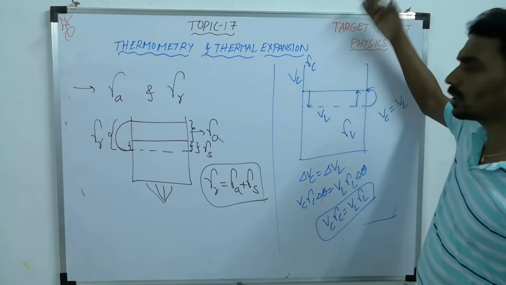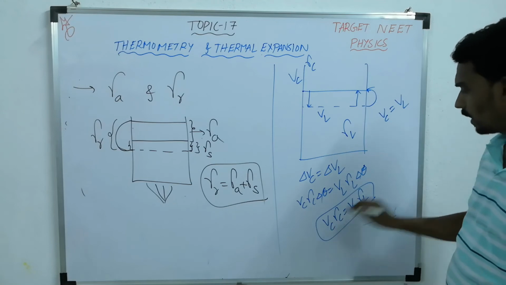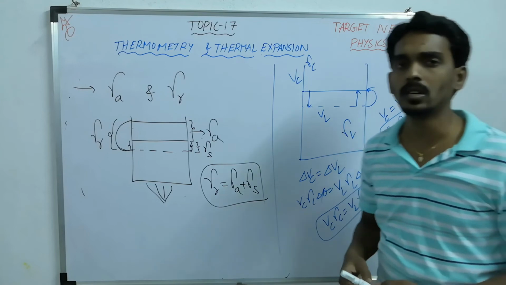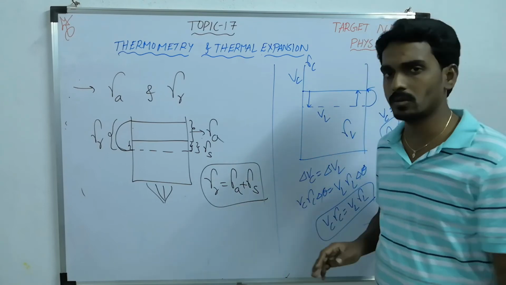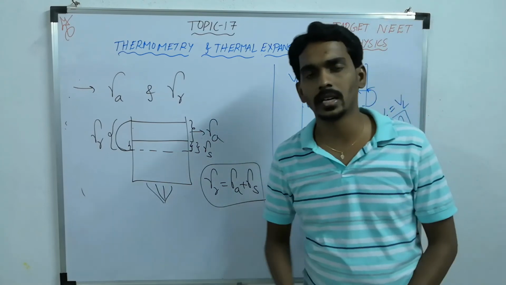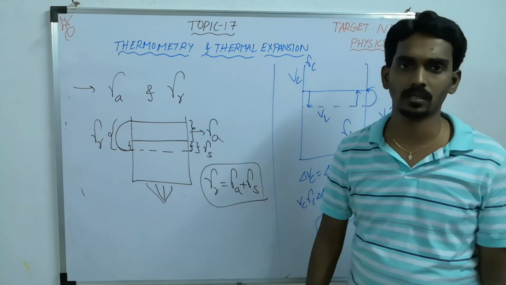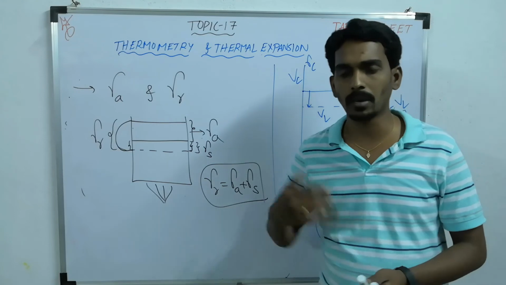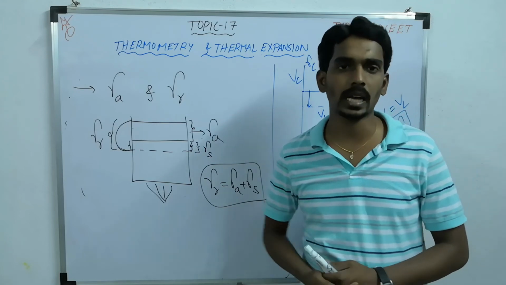Then for the liquid not to overflow, these two will get cancelled. So the condition becomes gamma C equals gamma L. This is how you can solve questions related to expansion of liquids. So try to understand, practice, remember the formulas and calculate.